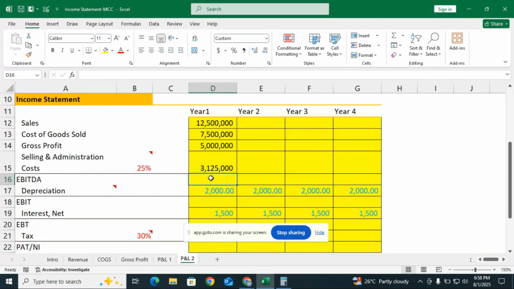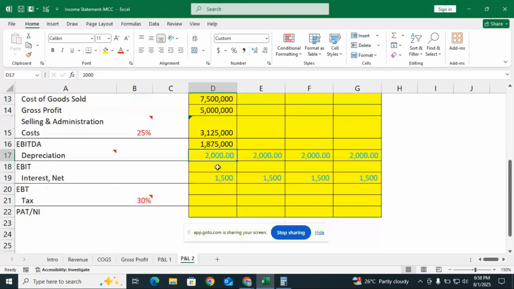So how do you arrive at the EBITDA now? It will be equal to your gross profit minus operating expenses. Okay, 18 lakh 75,000. Depreciation is already put up here, so no worries. So how do you arrive at the EBIT?